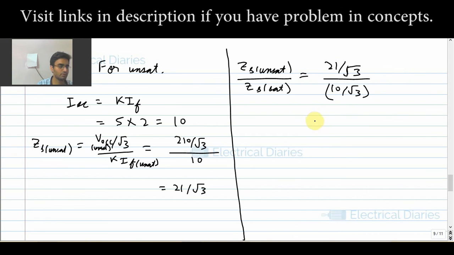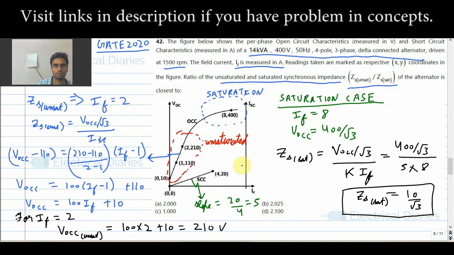Okay, so it will be equal to 2.1. So the answer is 2.1.